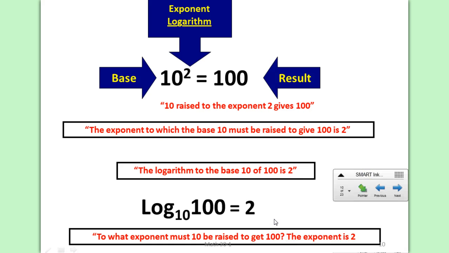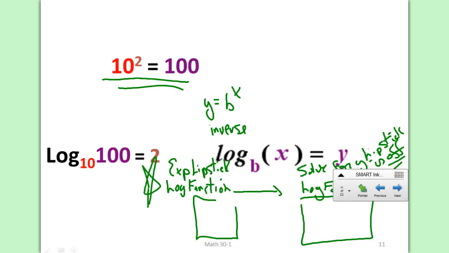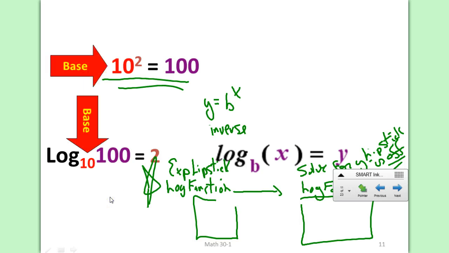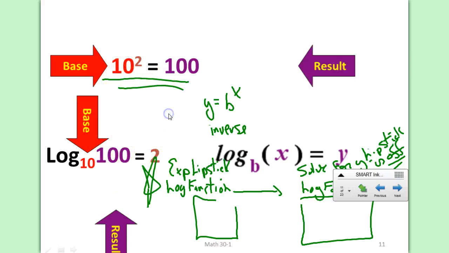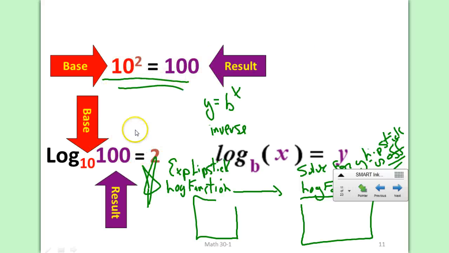All right? So now, let's ponder. Again, there are two different ways of writing the same statement. So when we convert, when you see something like this, these are actually equivalent statements, okay? They're saying the same thing.